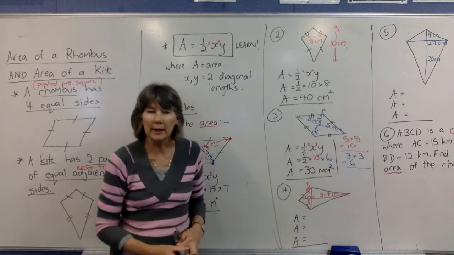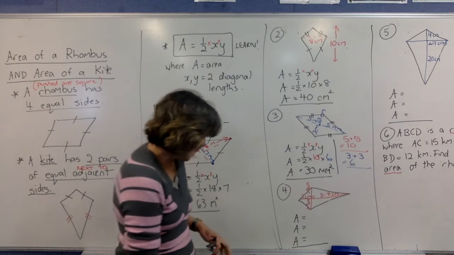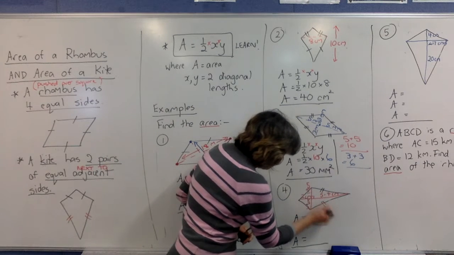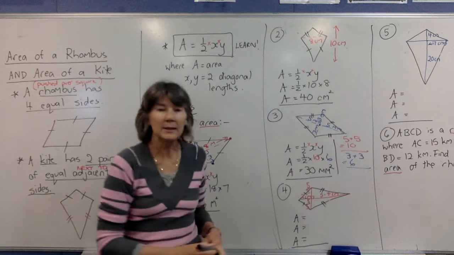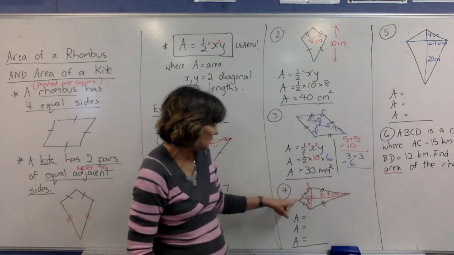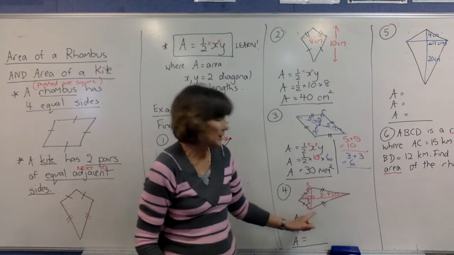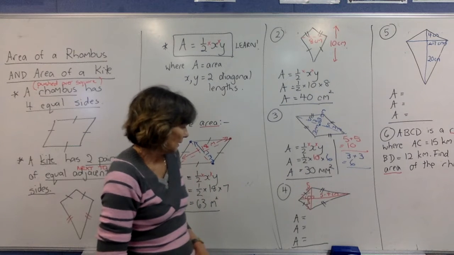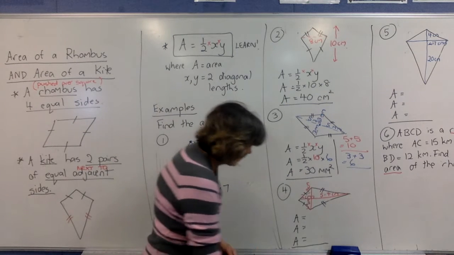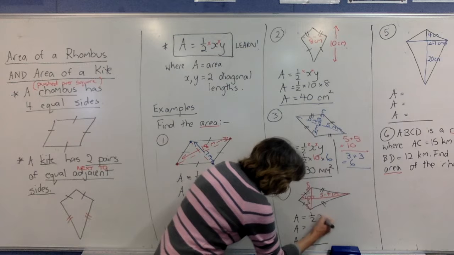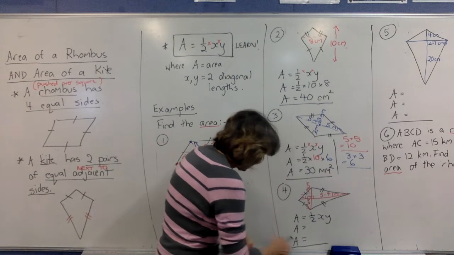All right, looking at the next one. Well, this time we have a kite. Sorry, I forgot to put this on. All right, so we can see it's a kite. It's got 2 pairs of adjacent sides equal to each other. So let's have a look. We've got our formula. Half times x times y.